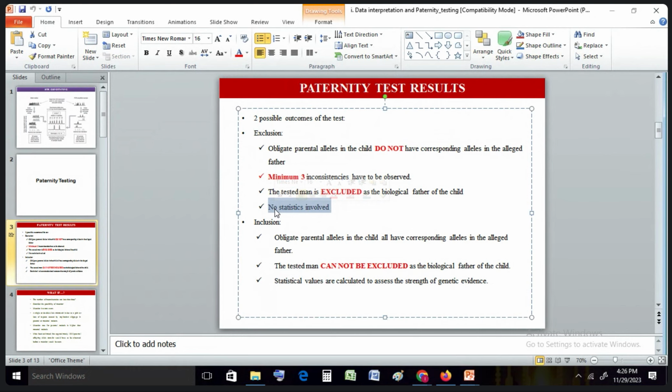You get one mismatch, all other match, it is inclusive. You get all match, it must be inclusive. So in those cases, you need to show a statistical calculation about the probability. As we discussed about the probability before, here also you have to do the statistical calculation.